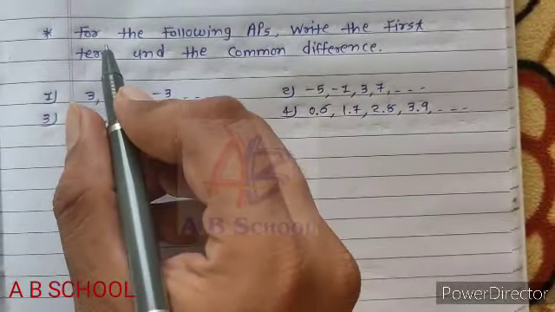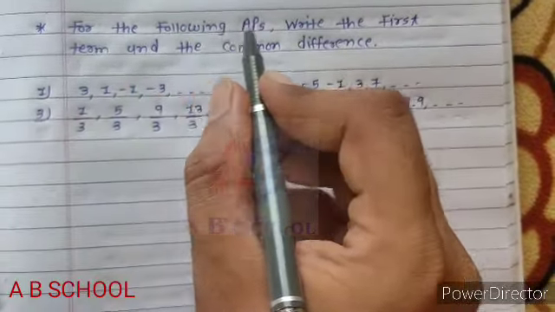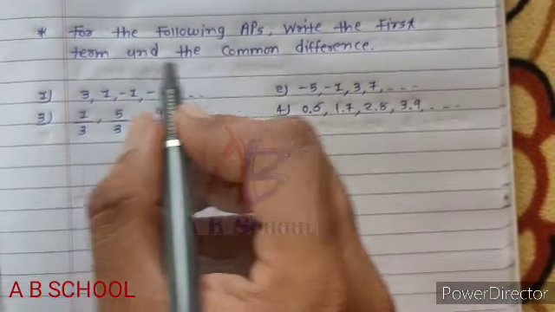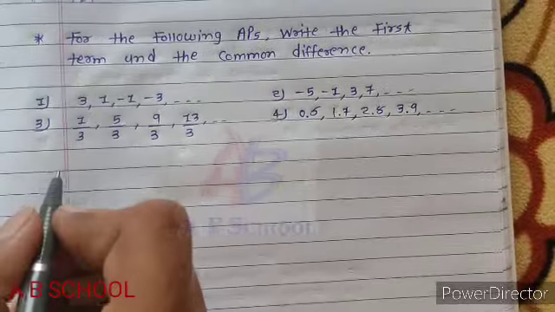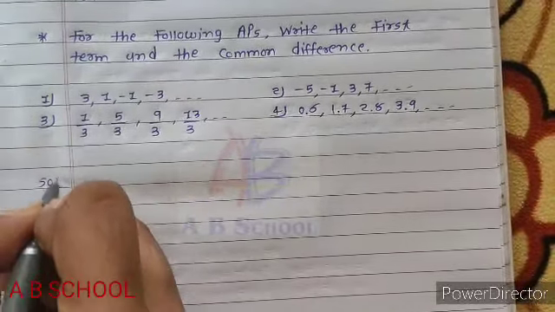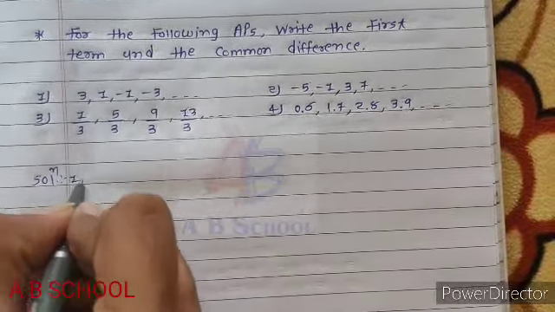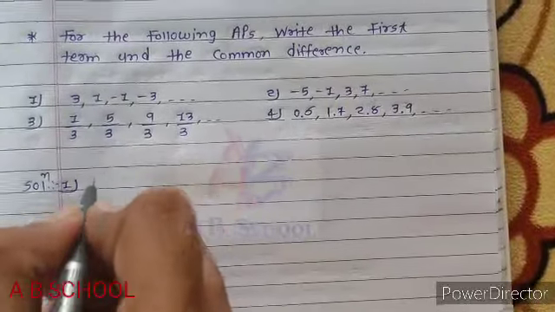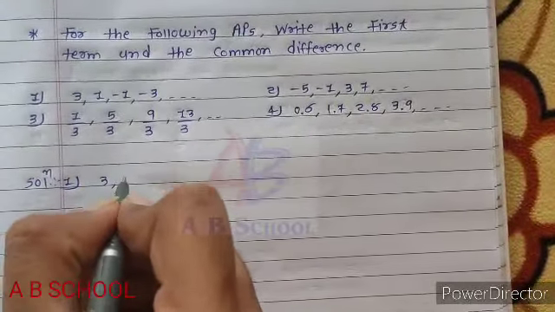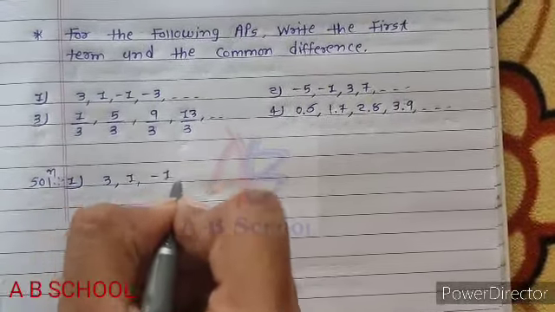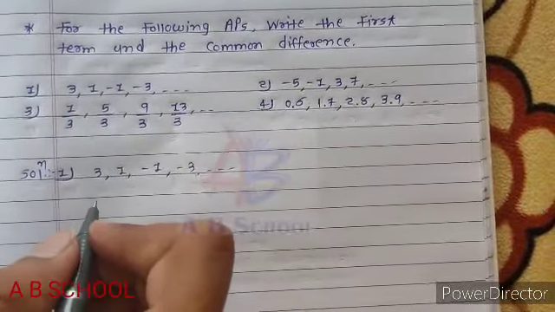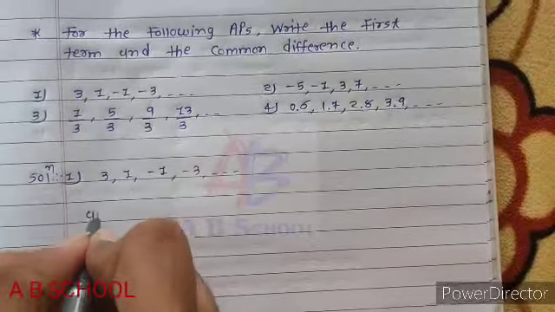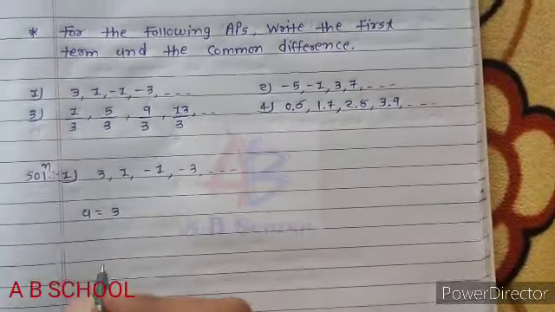Question number 2. For the following APs, write the first term and common difference. So number one, AP 3, 1, -1, -3 and so on. Here first term A is equal to 3.